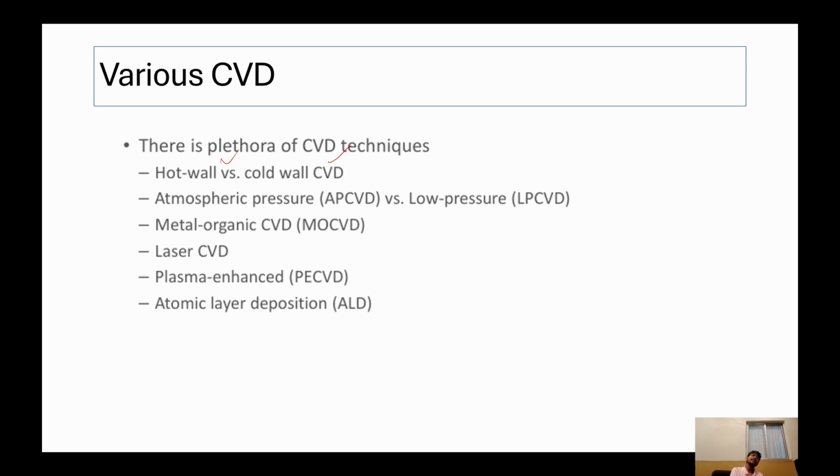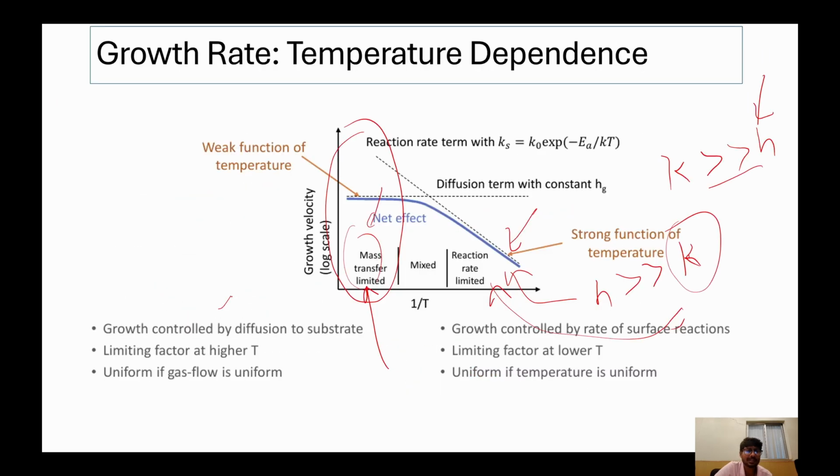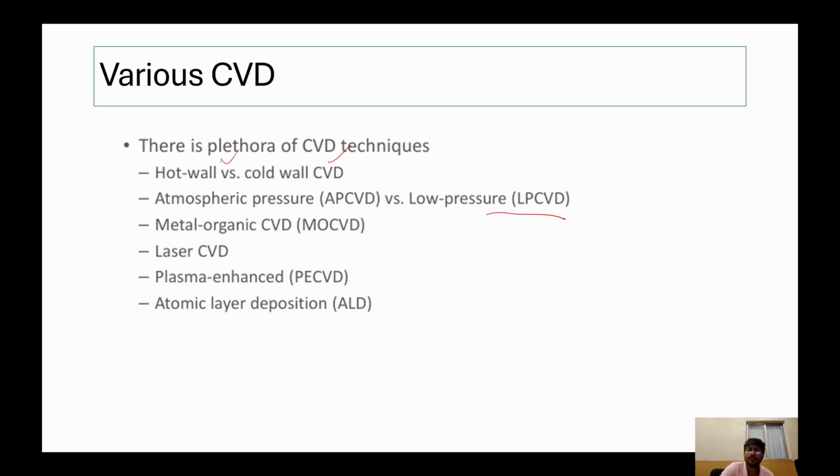So in that case it will be diffusion limited, or mass transfer limited growth will be there. In this case, reaction limited growth will be there.